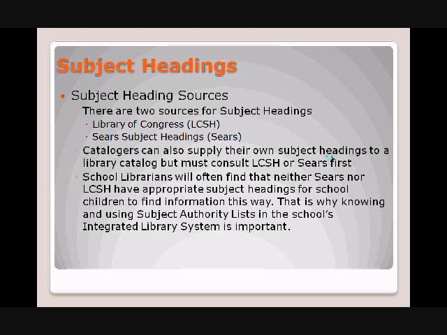They're not designed well for children, and so it's difficult for children to find information using only the subject heading lists. But you have the ability with your library catalog system to add new subject terms to your list, so you can create your own local authority file, and this would be very helpful when your children are doing research projects.